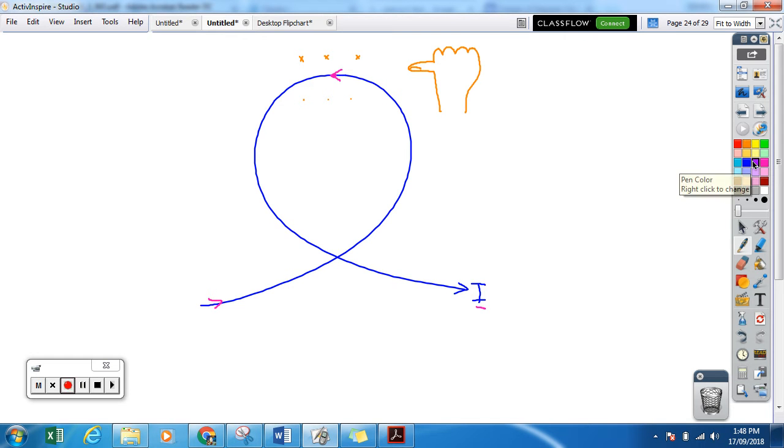Let's take a point over here, doing the same thing and drawing that. If we do our right-hand grip rule again, the thumb is there, so we would be going out of the board on this side and in here. And we can keep on doing this around.